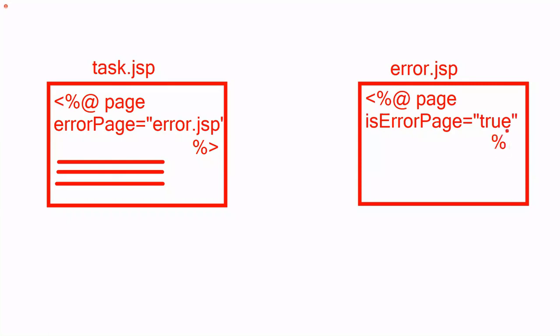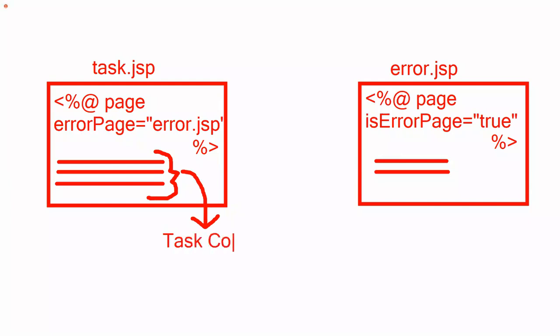Something user friendly error message you can write here. Now, what is this task code? It is user friendly error message.